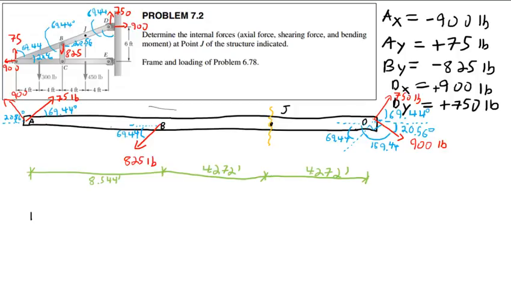But if you are asked with finding the overall shear and bending moment diagram, you'll need to cut it at multiple points, and you'll need to figure out where to cut it based on where there are discontinuities in the beam. So on this particular one here, I would need a cut somewhere between A and B, and I would need a cut somewhere between B and D to find the entire shear and bending moment diagram of this beam, simply because there are discontinuities here, here, and here.